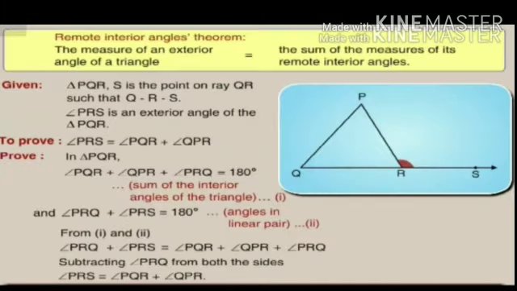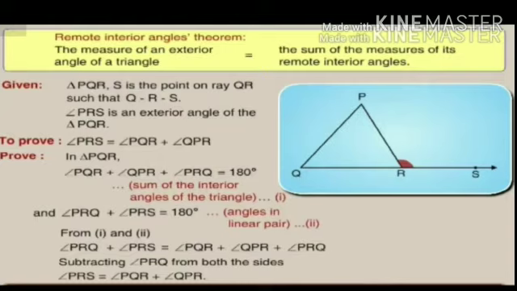Now another property is the remote interior angle theorem. This theorem states that the measure of an exterior angle of a triangle is equal to the sum of the measures of its remote interior angles. Now the given is triangle PQR.